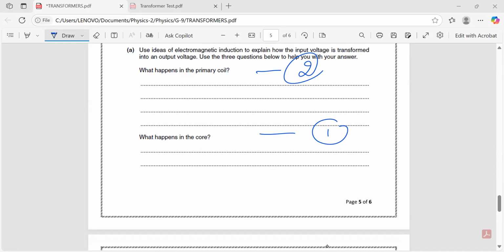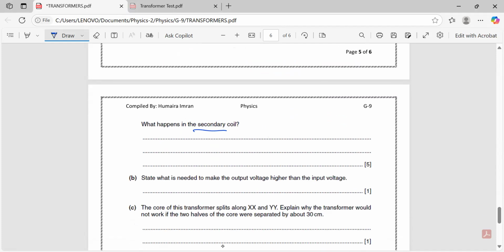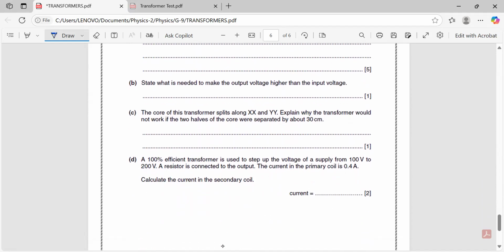So what you have to write: changing magnetic field cuts the secondary coil, which induces EMF in the secondary coil. State what is needed to make the output voltage higher than the input voltage. How are you getting the higher voltage in an output? By increasing the number of turns in the secondary coil. So more turns on the secondary are needed as compared to the primary.